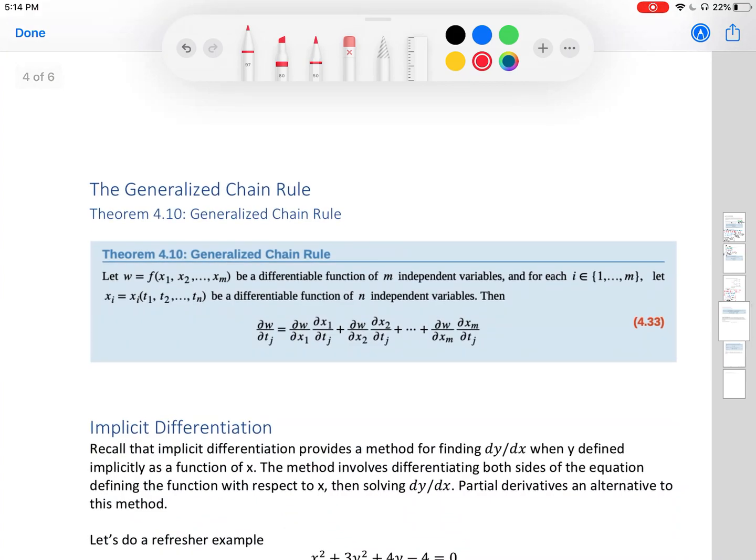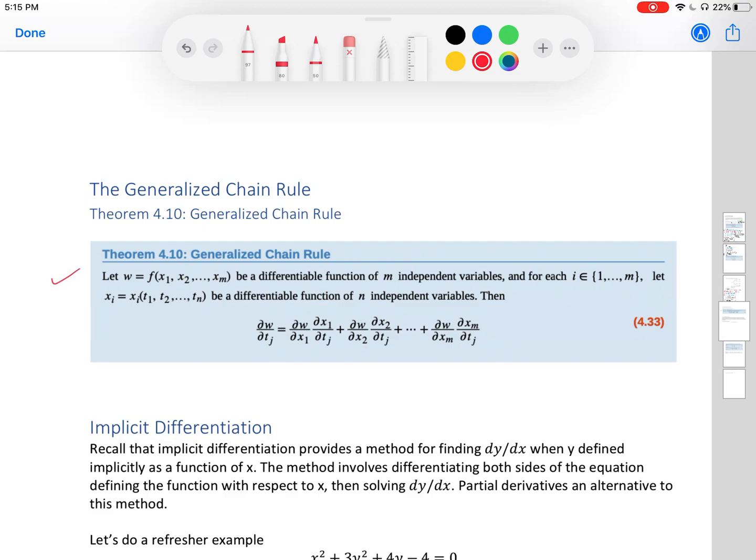Now we have our generalized chain rule. So for any general sense of chain rule, theorem 4.10 says, let w equals f of x1, x2 all the way to xm be a differentiable function of m independent variables. For each i in 1 through m, let xi be xi of t1, t2 all the way to tn, a differentiable function of n independent variables.